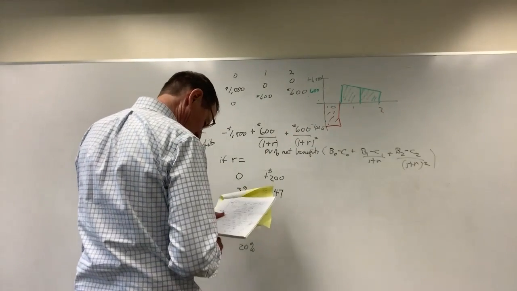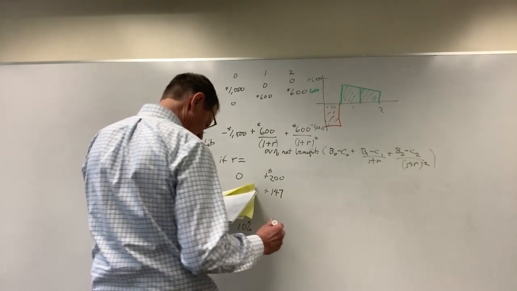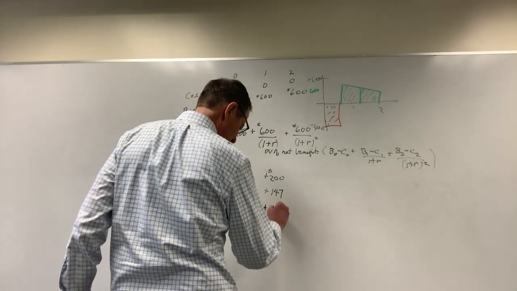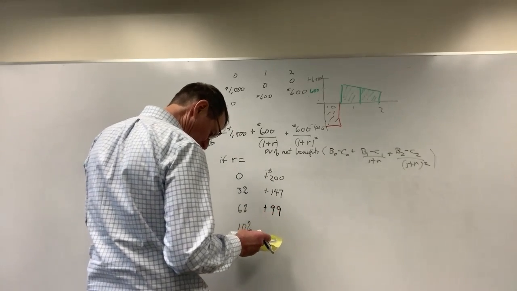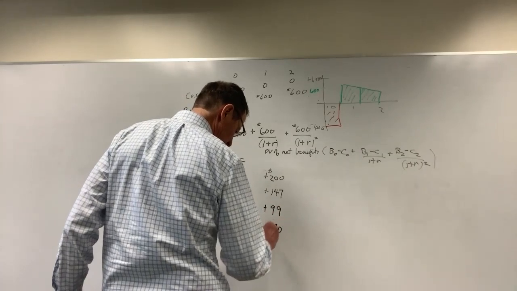We've got $99 of net benefits. Even at 10%, we've got a plus $40.